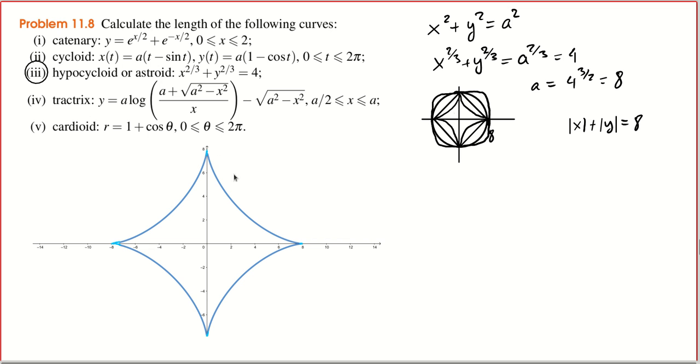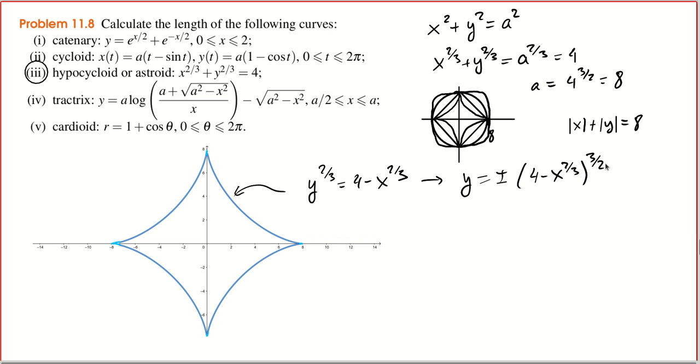So we're going to calculate the length of this curve by calculating 4 times the length of this bit here. In order to find what this curve is, all we have to do is solve for y from this equation. So we have y to the 2/3 equal to 4 minus x to the 2/3, which means that y is plus or minus (4 minus x to the 2/3) to the 3/2.